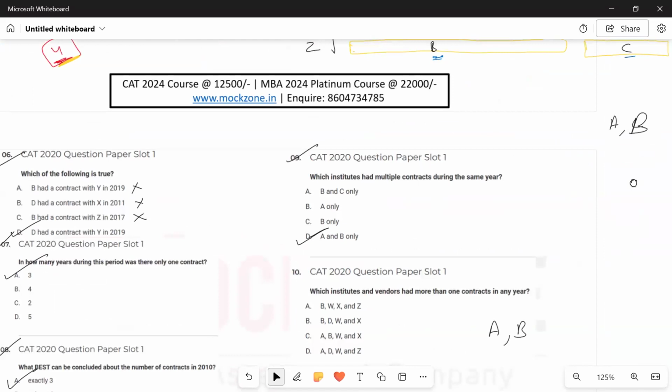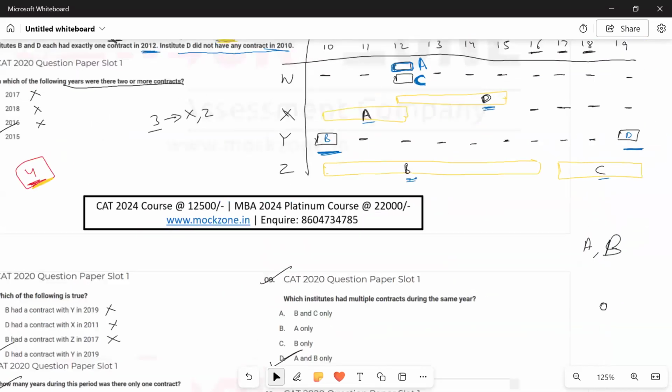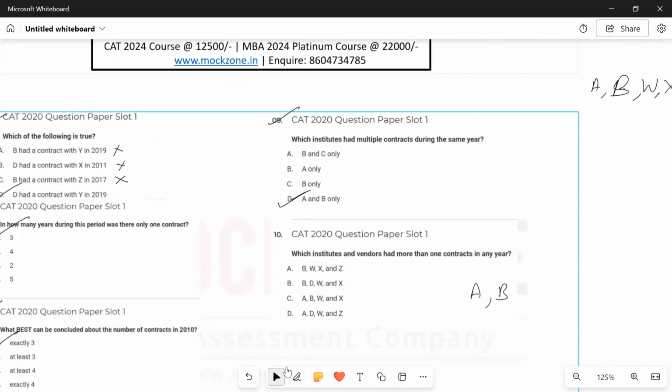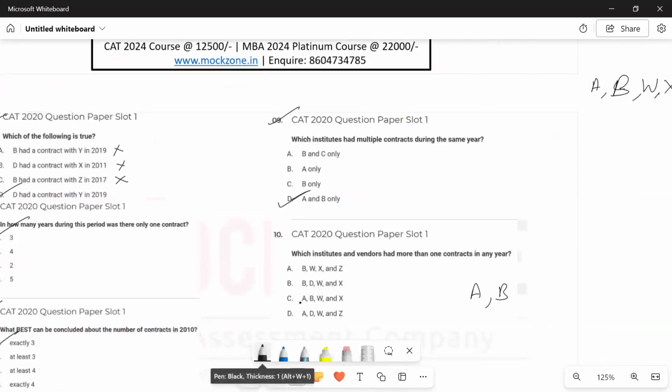But when it comes to vendors, how many of them had more than one contract in any year? W had more than one contract in 2012. X has an overlap in 2012. Y does not have an overlap in any year, and similarly Z also does not have an overlap in any year. So A, B, W, and X is the answer. Which option is this? Option number C.